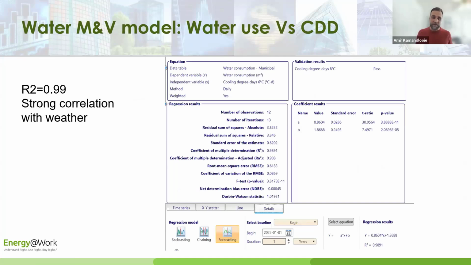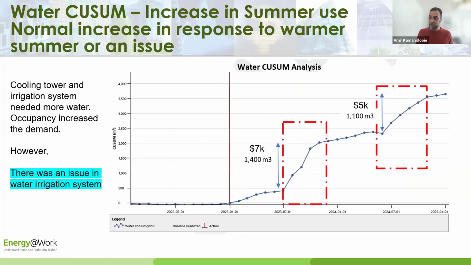So when summertime comes, we are having more water use as a result of running our cooling tower and irrigation. But how much of that extra water use can be explained with warmer weather in 2023 and 2024? And this is where our Q-sum again comes very handy, letting us quantify and distinguish different things going on in the building.